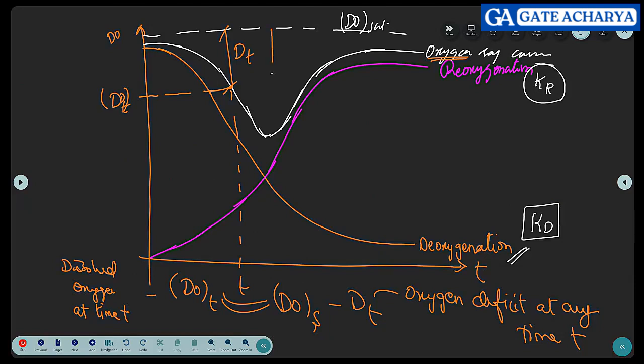So the maximum deficit is called the critical oxygen deficit, Dc.